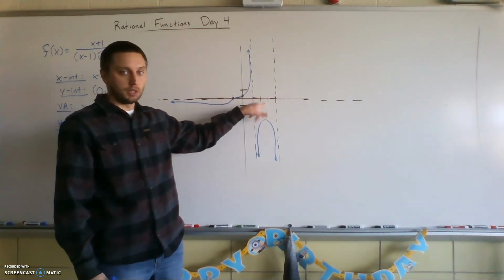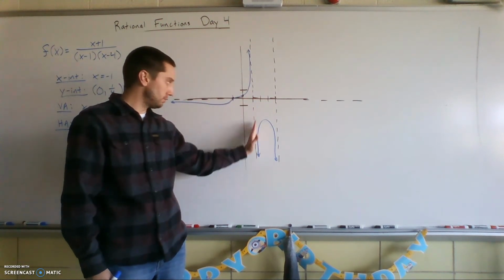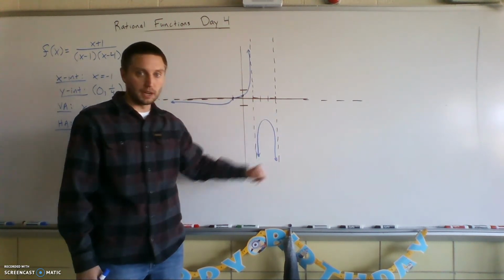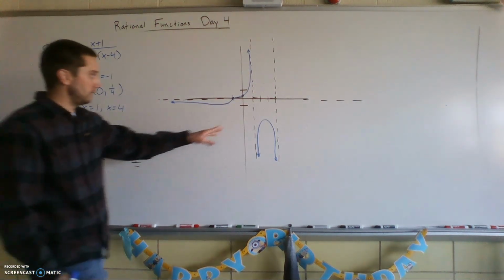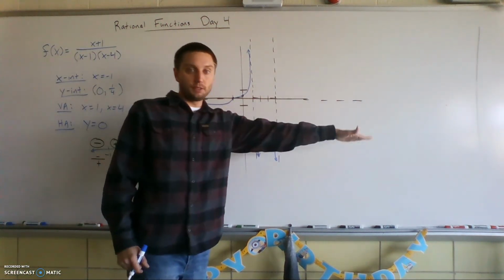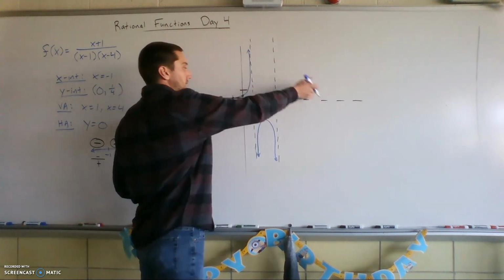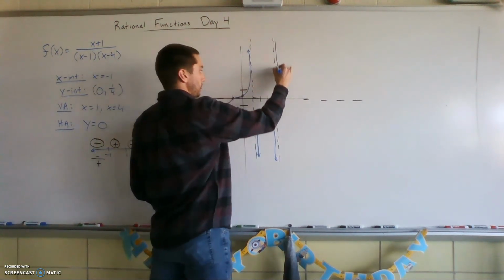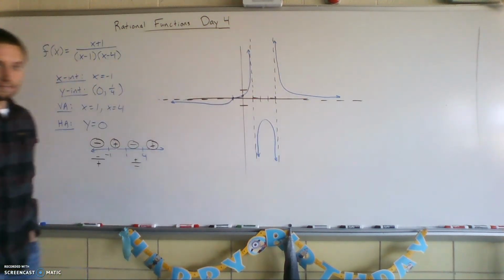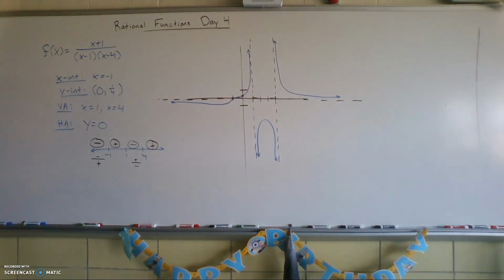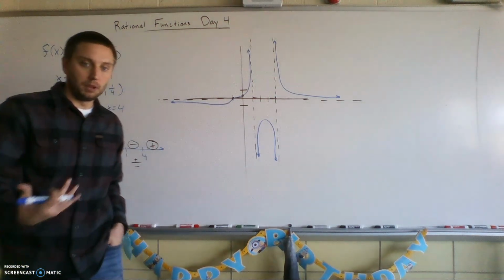Okay, because it has to hug your asymptotes, but it can't cross the x-axis again because we don't have any more x-intercepts. So it comes up, it doesn't touch, and then it goes back down the other way. And then when it's bigger than 4, it's positive. So here's 4. So anything after 4 is positive, has to hug these asymptotes. And so we get something that looks like that.